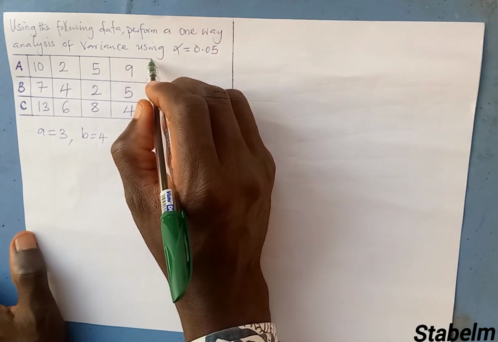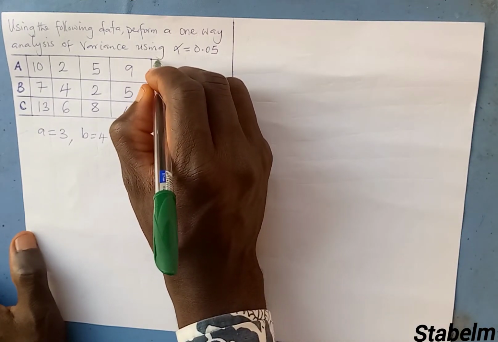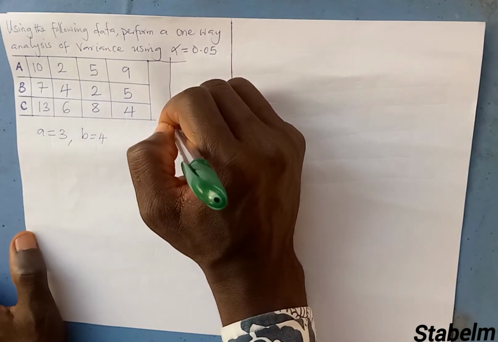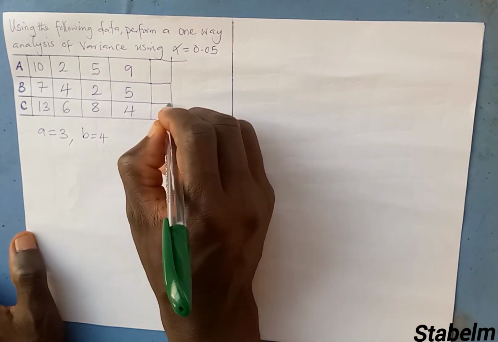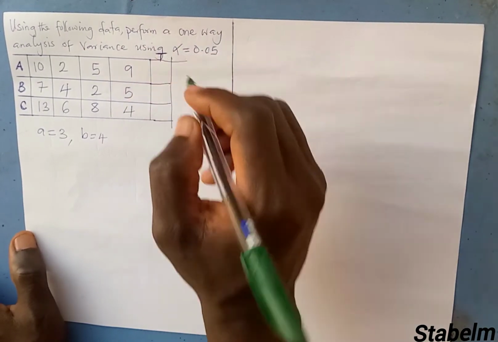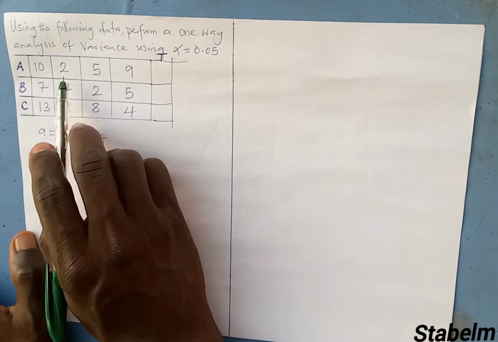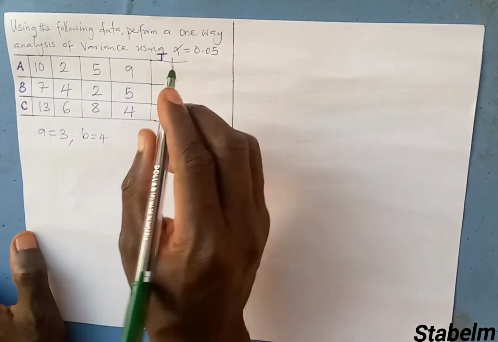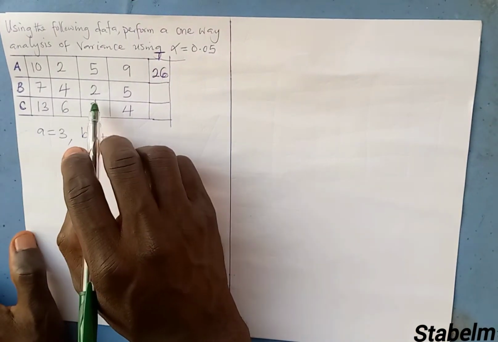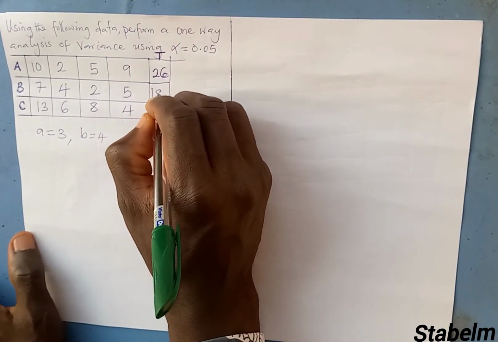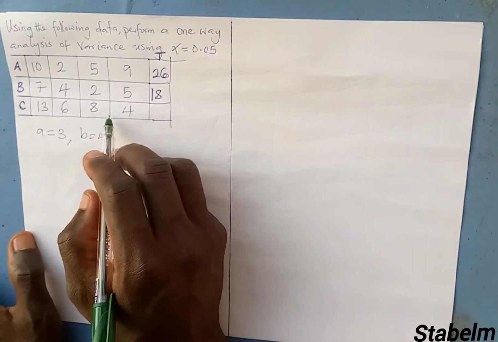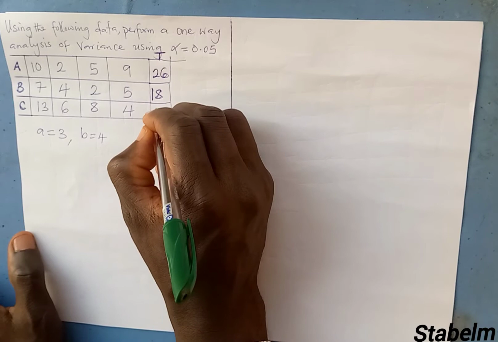Then we need the total. Let's form the total here. Let's call this one T, standing for total. 10 plus 2 plus 5 plus 9 gives us 26. 7 plus 4 plus 2 plus 5 gives us 18. 13 plus 6 plus 8 plus 4 gives us 31.